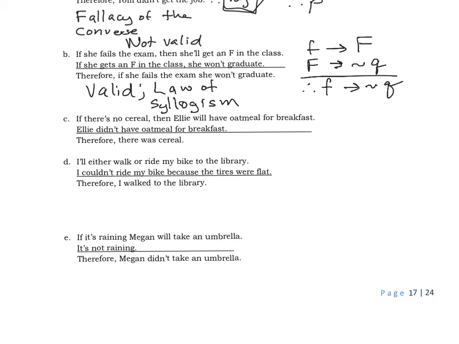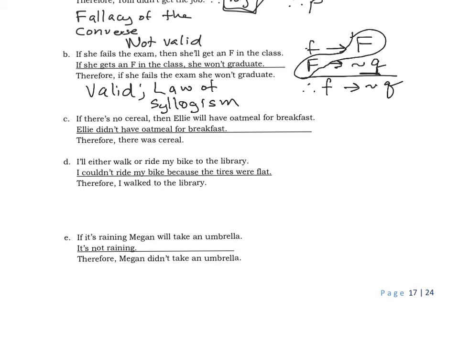How would you figure that out on an exam? Well, you see that we have two if-then statements, and these are exactly the same, so we should follow up with if F, then whatever that was right there.